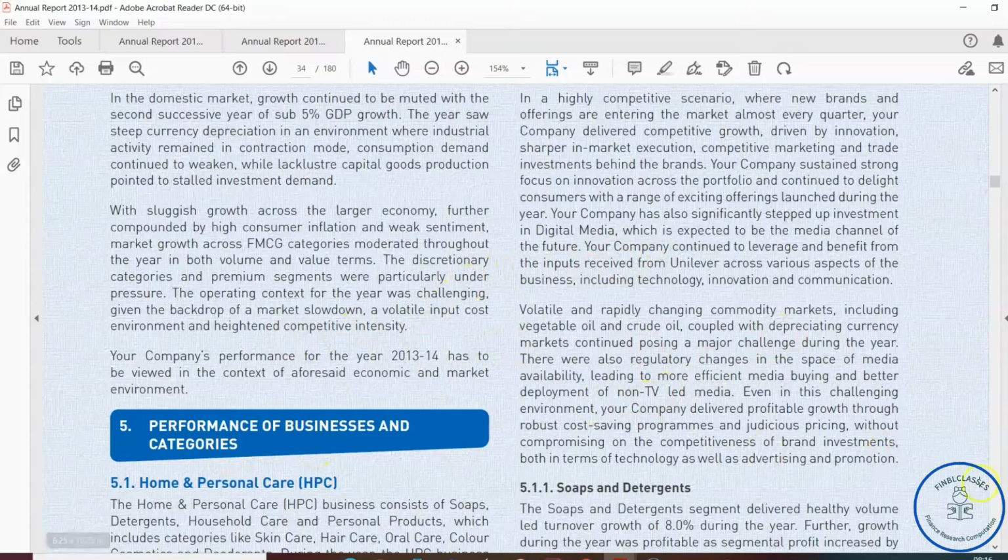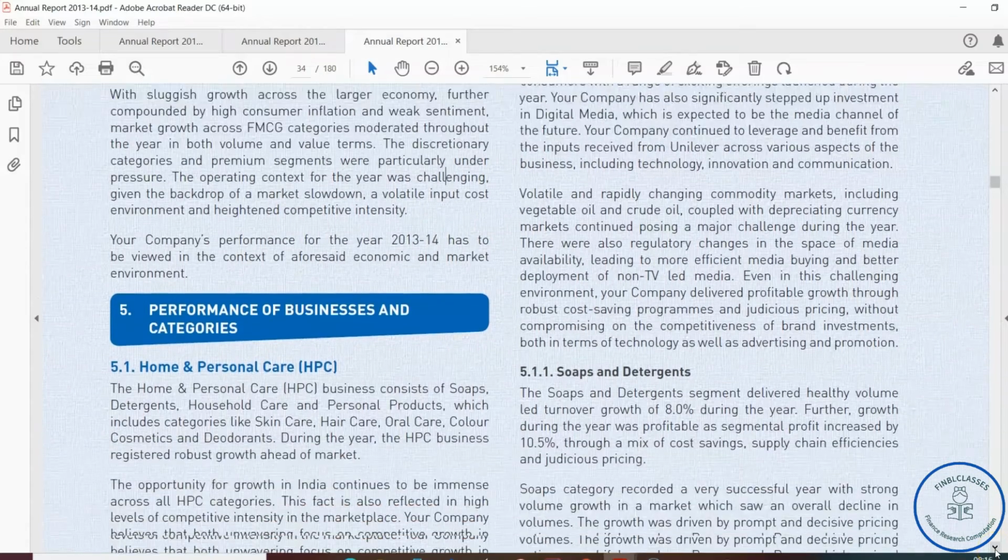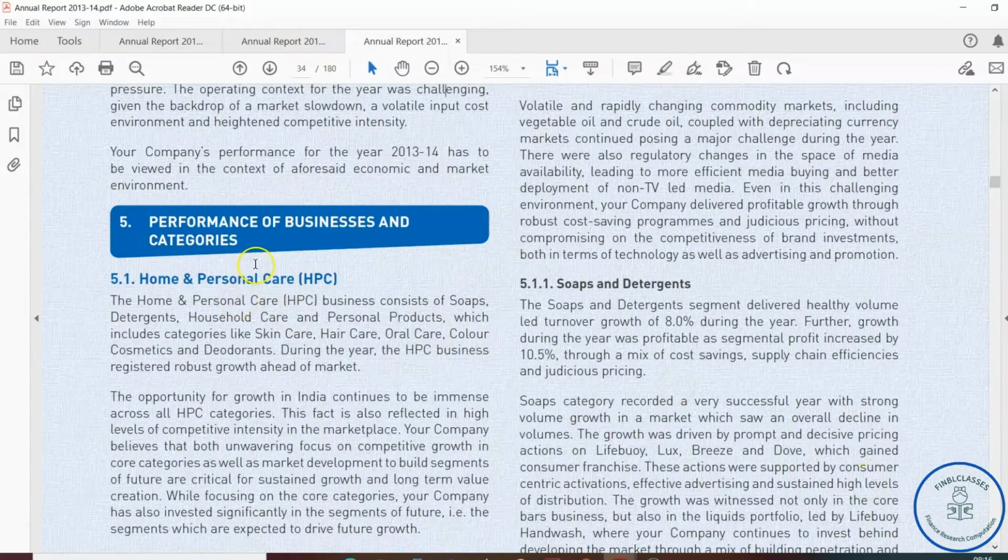Then they are highlighting the performance of businesses and categories. This is similar to what we have done with the segment reporting of AS17, where performance is shown geographical segment wise or product or services segment wise.